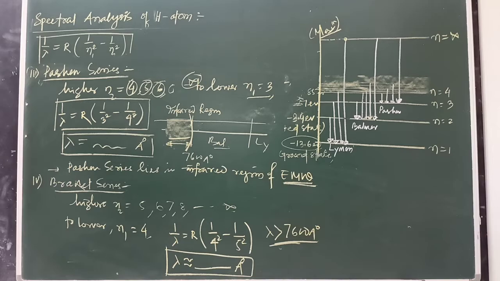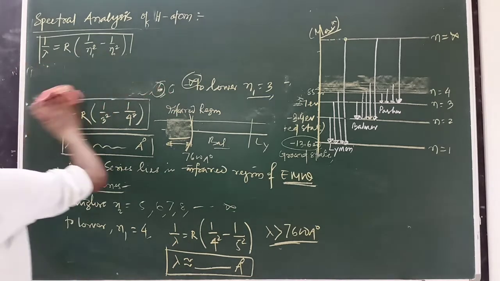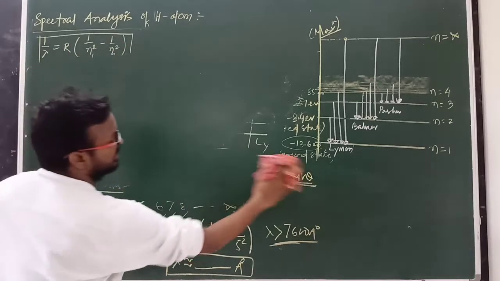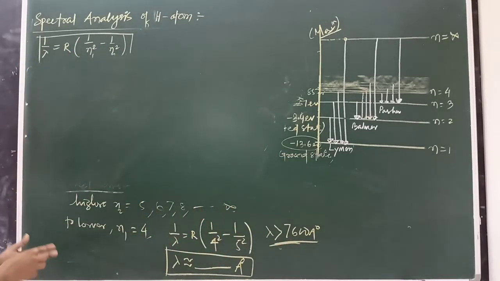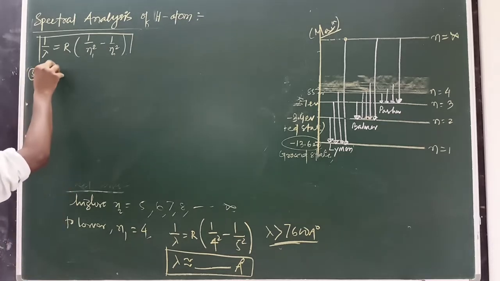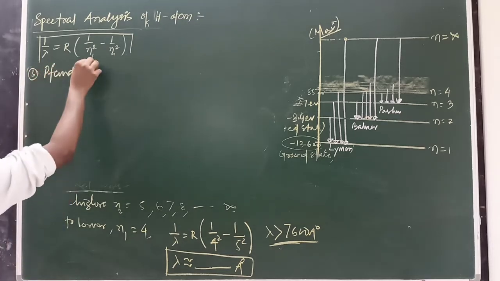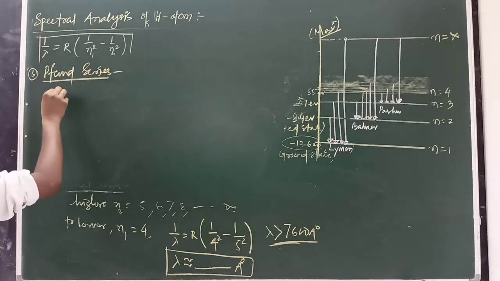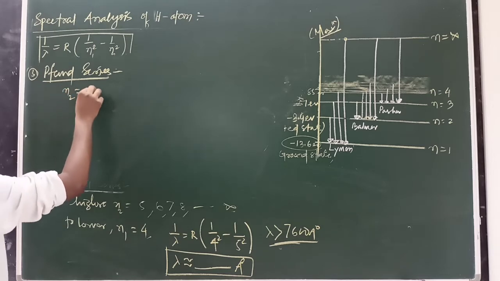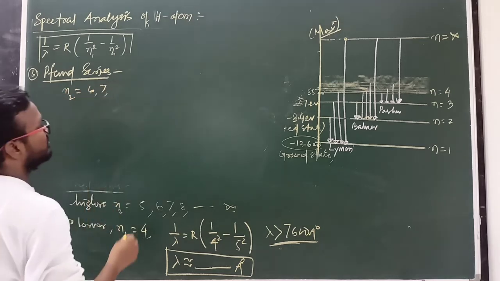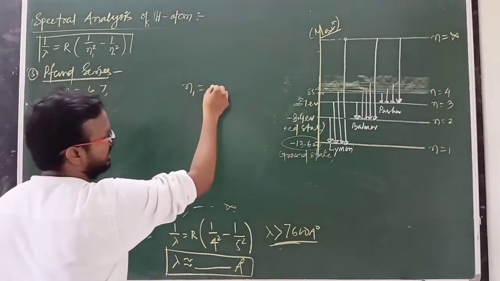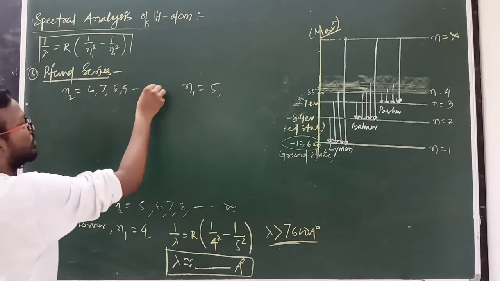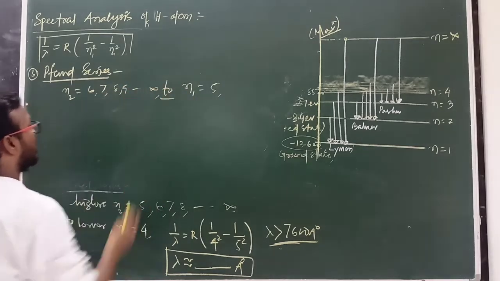Okay, next series, or you can say the last series of the hydrogen spectrum, that is known as Pfund series. Here the electron transitions from a higher energy orbit n2 equal to 6, 7, 8, 9 to infinite, to n1 equal to 5, higher to lower orbit.